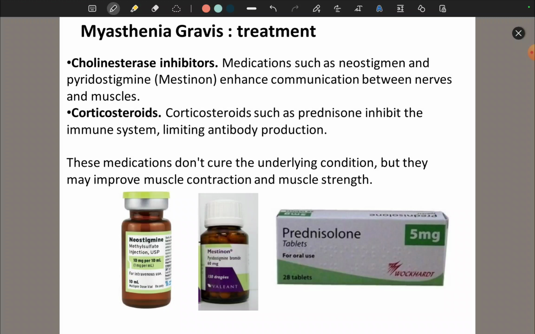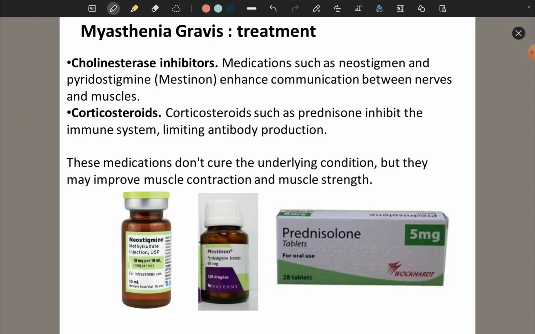The other method of treatment is by giving drugs, and the other drug is usually prednisolone. You know prednisolone, or corticosteroid groups of drugs. They decrease immunity. They are lowering the body immunity. And why are they lowering the body immunity?